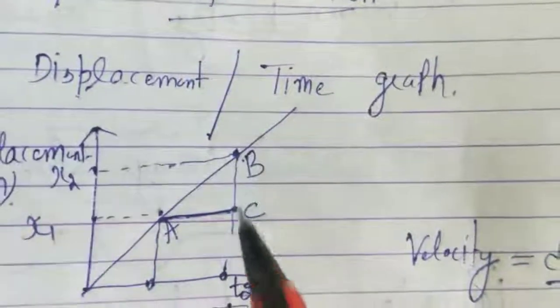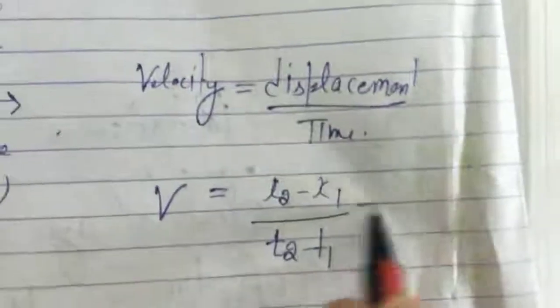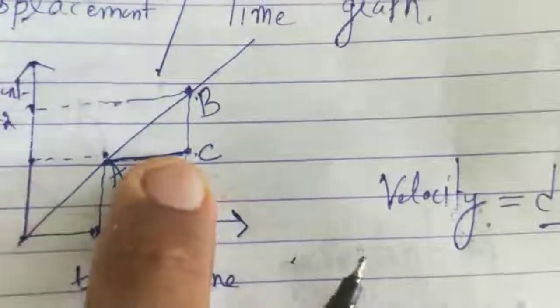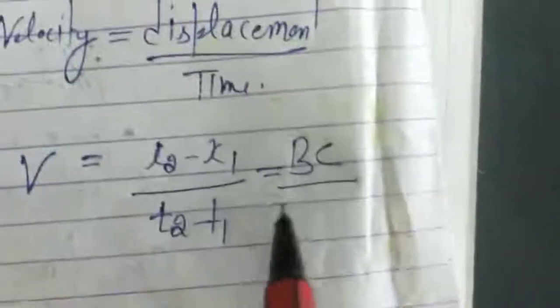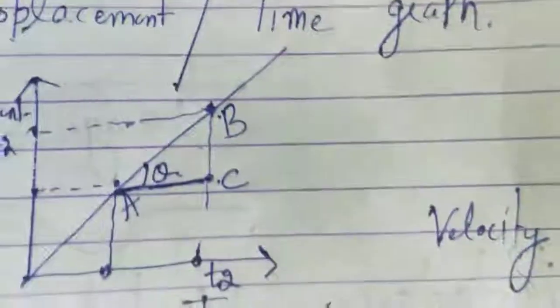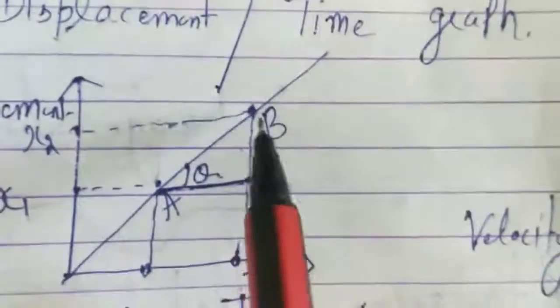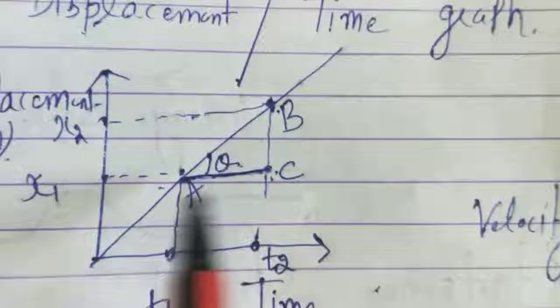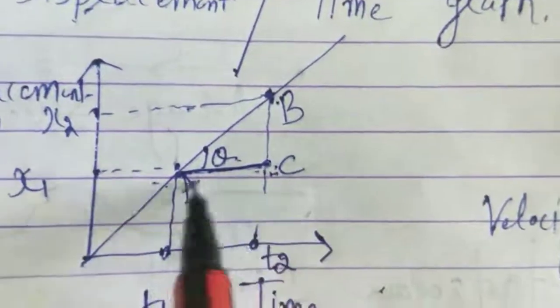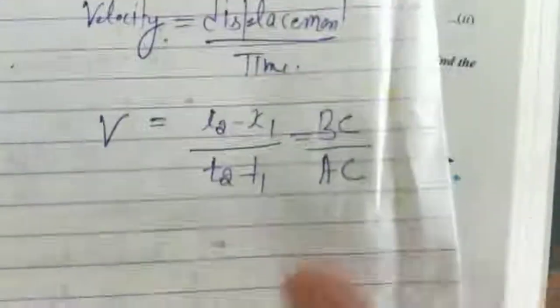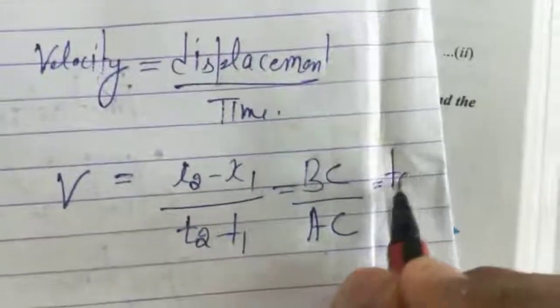So what is this x2 minus x1? This is BC. And what is this t2 minus t1? This is AC. Suppose this line is making angle theta. BC is the perpendicular and AC is the base. Perpendicular upon base is tan theta. So BC upon AC is tan theta.